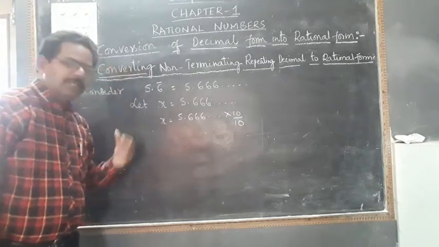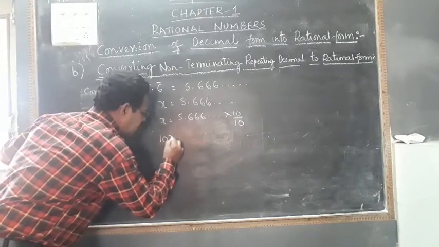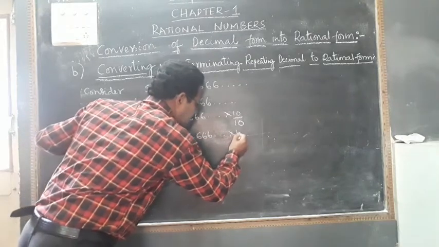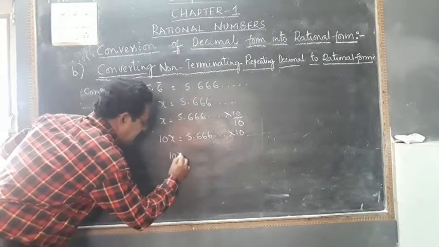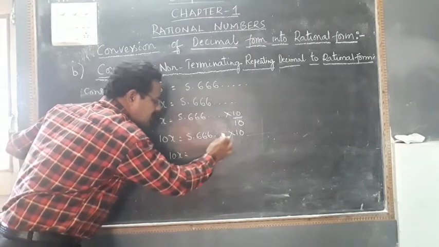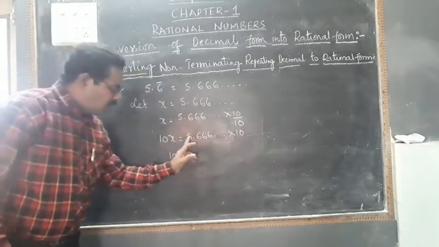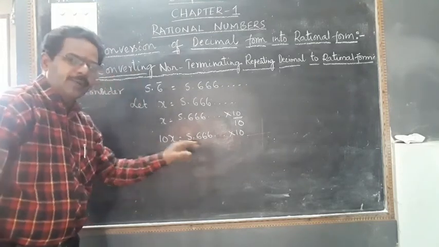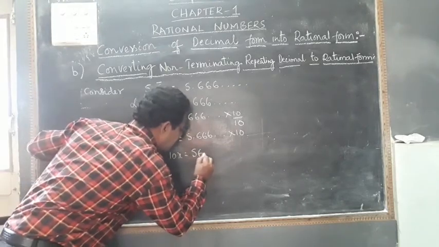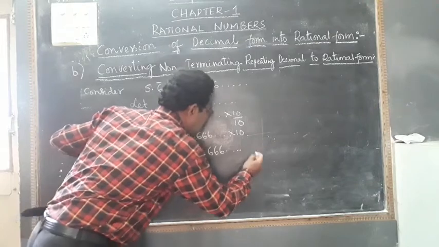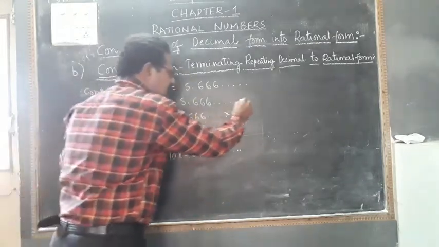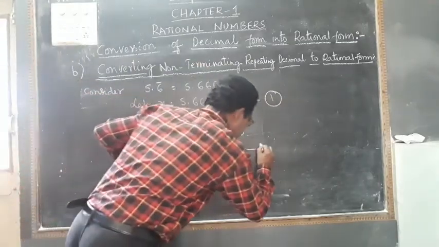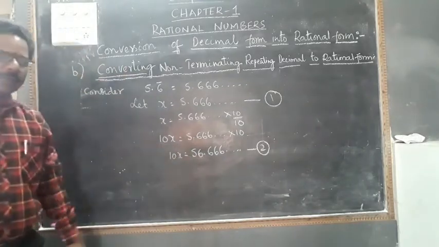This 10 we bring to this side. Then 10 into x is equal to 10x, which equals 5.666 and so on, into 10. If you multiply by 10, the decimal point jumps one place, so the answer becomes 56.666 and so on. Already we have taken x equal to 5.666, and now 10x is equal to 56.6666 and so on.